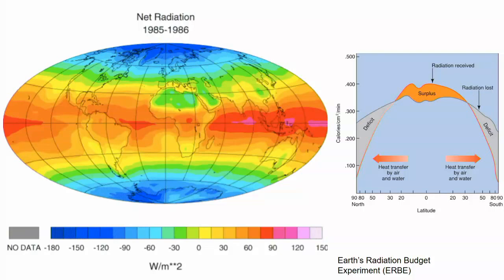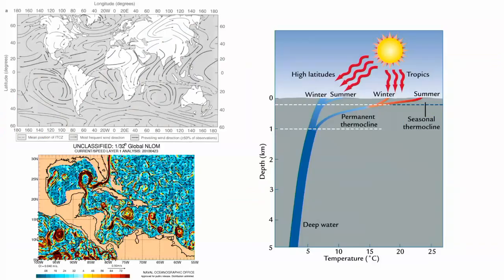So there must be a flow of energy from the tropics to the poles, and that's what drives our weather.